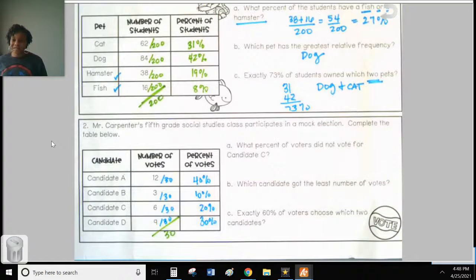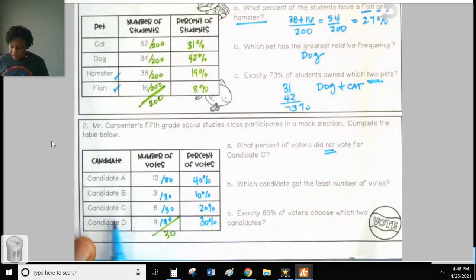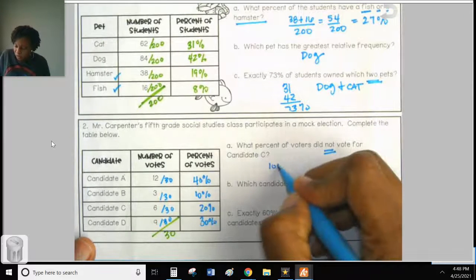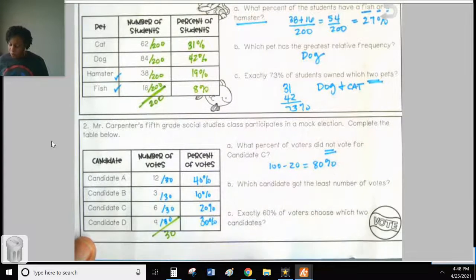Okay? What percent of voters did not vote for candidate C? So candidate C got 20% of the vote. So I know that 100 minus 20 equals 80%. Which candidate got the least number of votes?